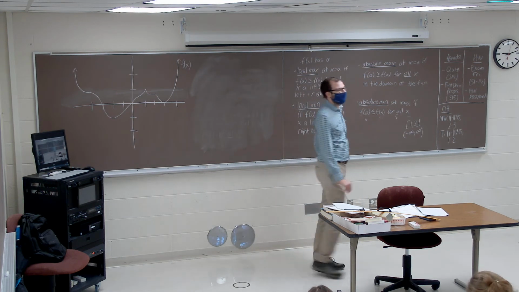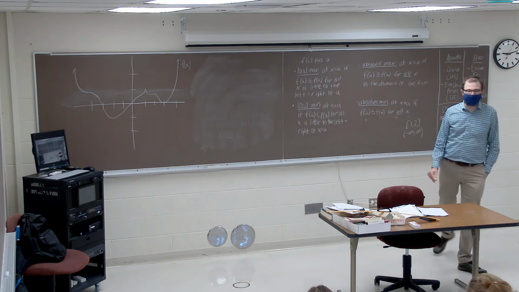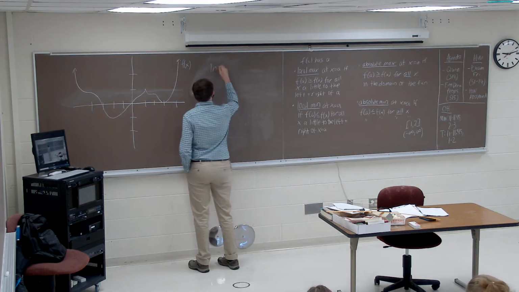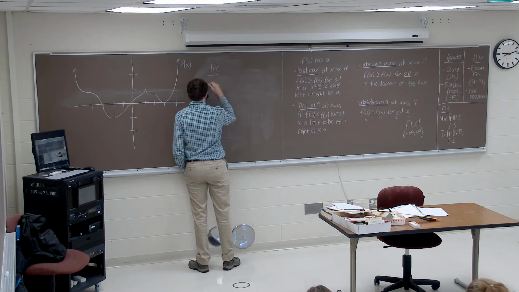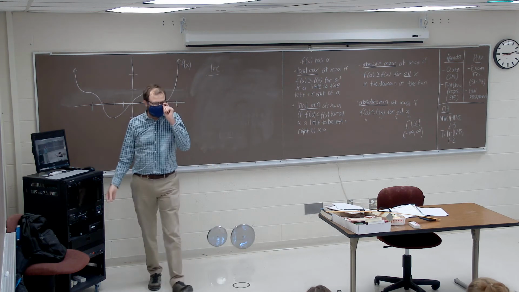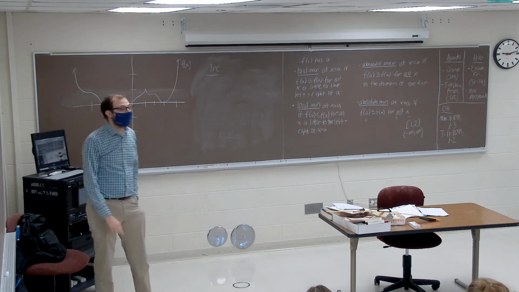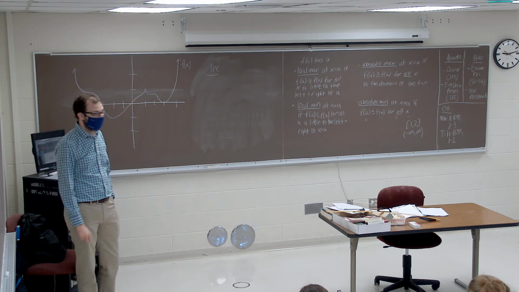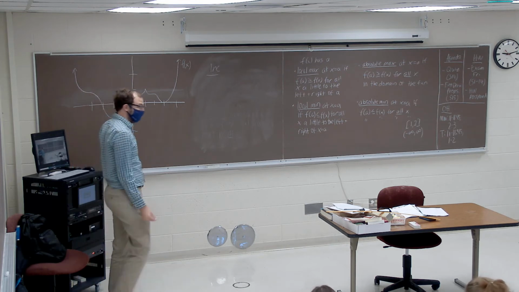Okay, it sounds like groups are starting to quiet down a little bit. So let's start off with the question of increasing and decreasing. Can anybody give me an interval over which it looks like this function is increasing? Josh?